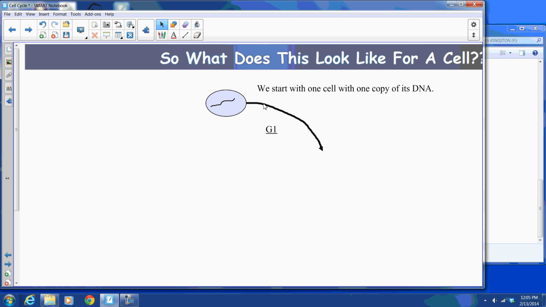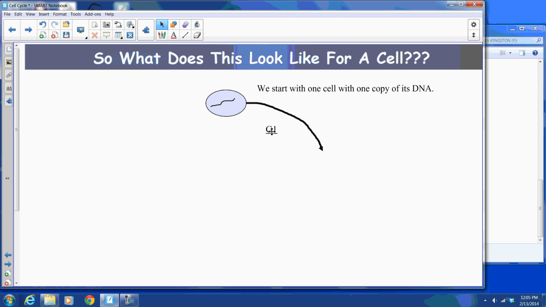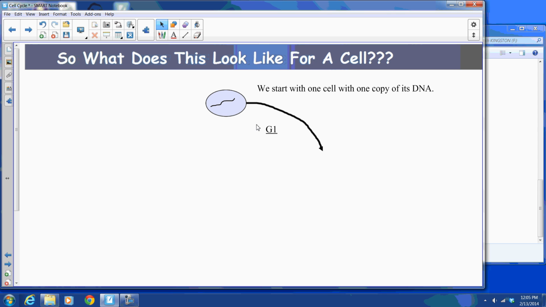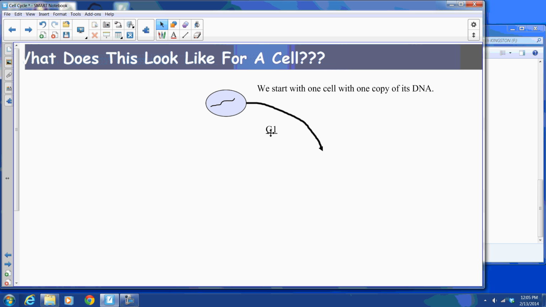And that arrow there is going to represent this G1 process. So if we think about what we said happened during the G1 stage, that cell is going to grow and get ready. So at the end of the G1 phase here, if we were to draw a picture of what that cell looks like now, it's still going to have the one copy of its DNA, just like it had to start with, but it has grown.